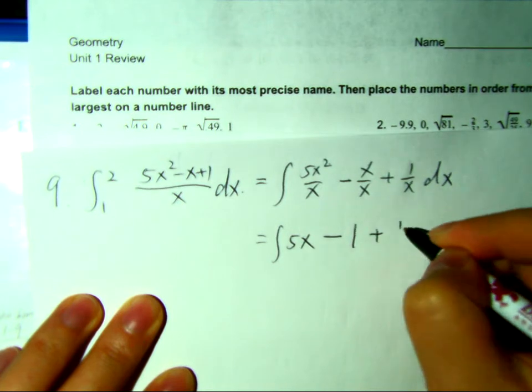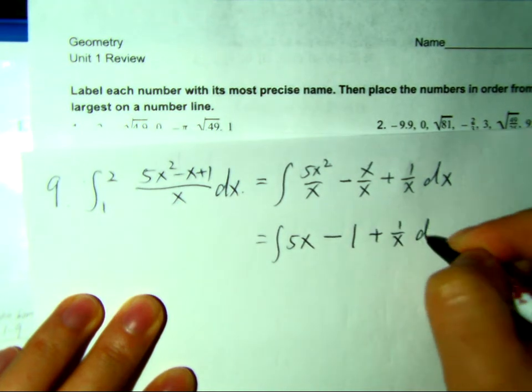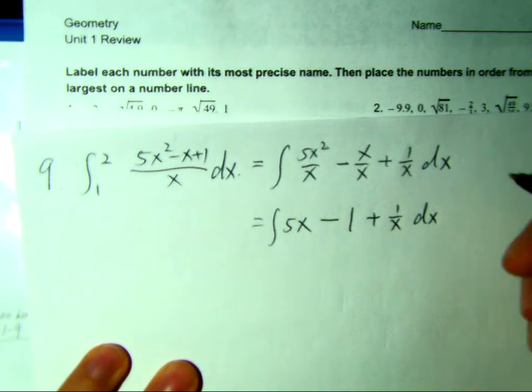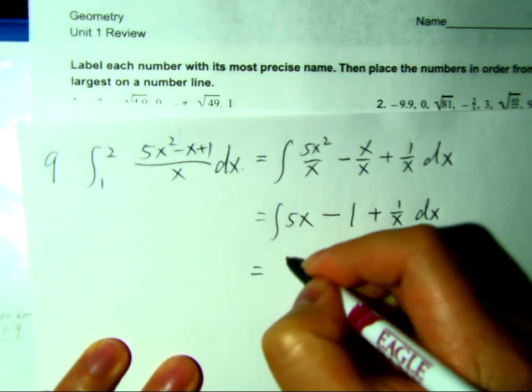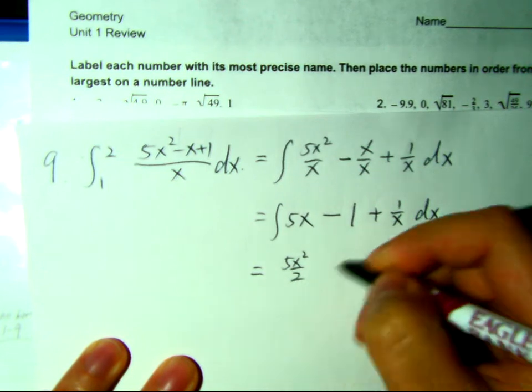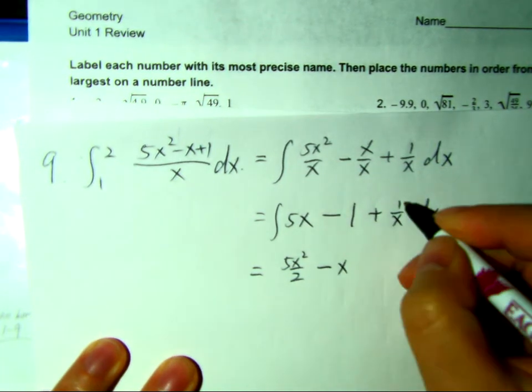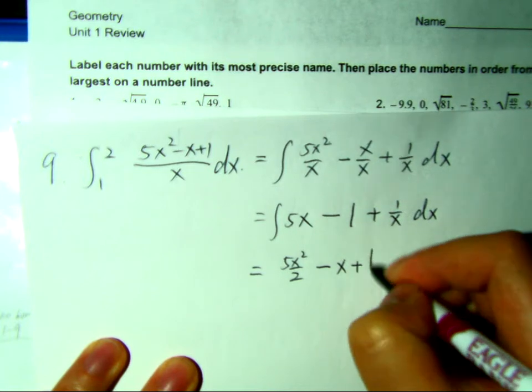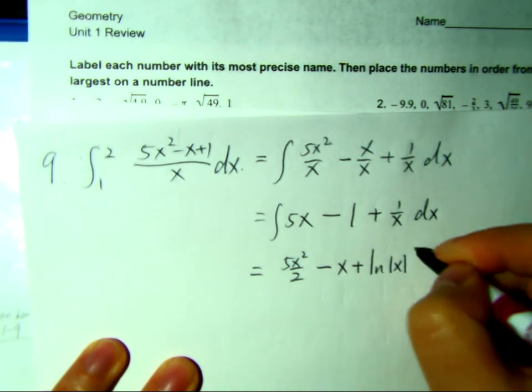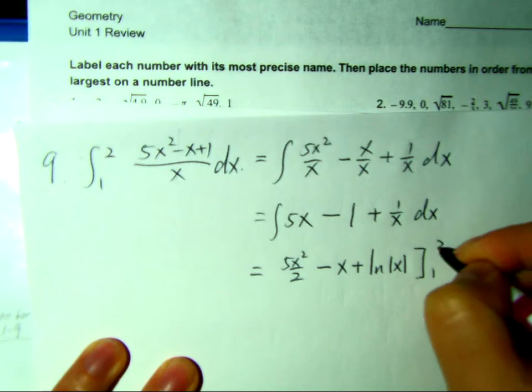You can keep this as 1 over x, or if you want, you can change it to x to the power negative 1. And the integral of 5x is 5x squared over 2, and the minus x, and the integral of 1 over x is natural log of x. And the limit is from 1 to 2.